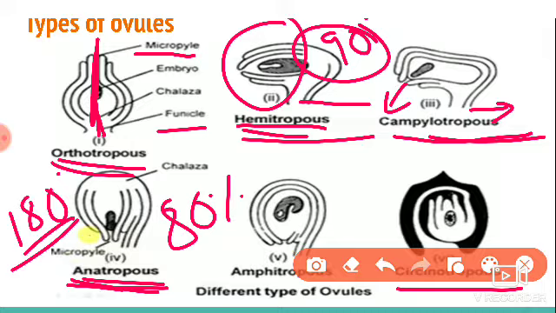Such ovules we call campylotropous ovules. An example is leguminous plants, the Leguminosae family.